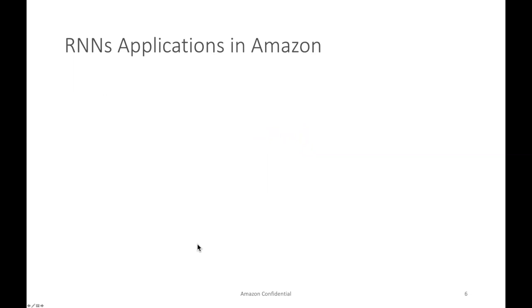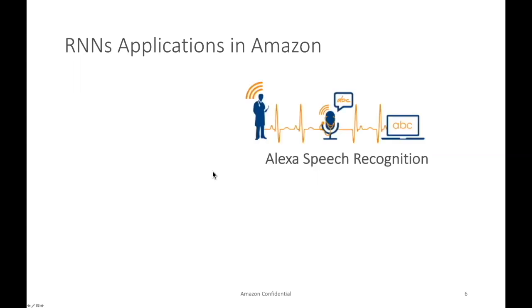We also want to see some applications of RNNs before we go deep into why an RNN is required. Some applications are speech recognition. Whenever you call to the Alexa device and ask it a question, that gets transcribed into text through an RNN, and then the response is sent back to you.